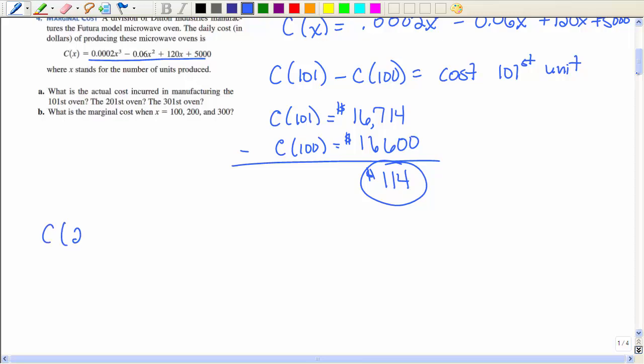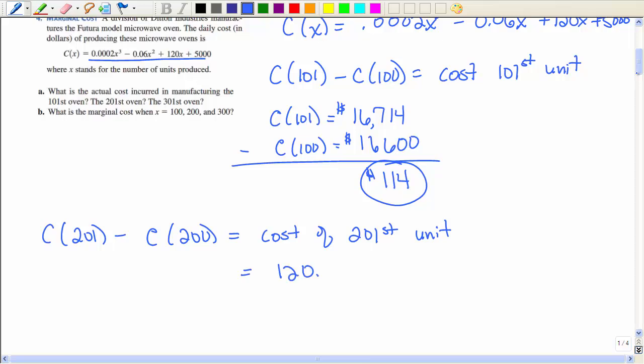And so again, we would say that cost minus that would be the cost of the 201st unit. And I'm going to hopefully know that you can punch those into the calculator, and that is going to be approximately $120.06. And so again, we get to do the same for the 301st.